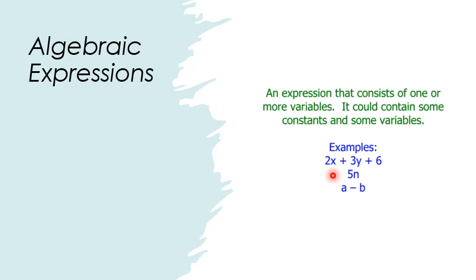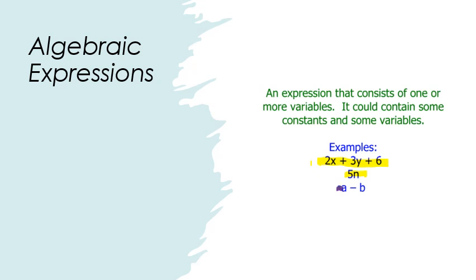The first example we have is 2 times x plus 3 times y plus 6. 2x, 3y, and 6 are the three terms in that expression. Then I could have just 5 times n, a one-term expression.